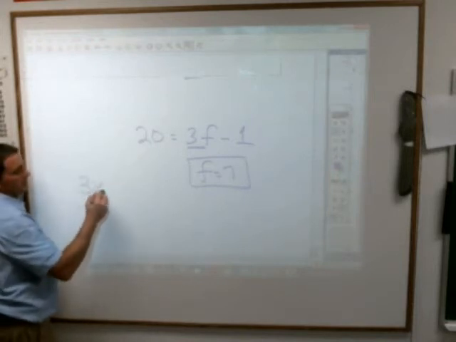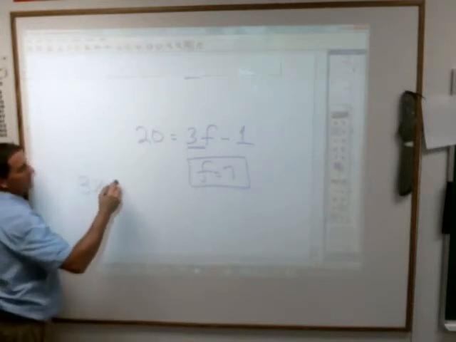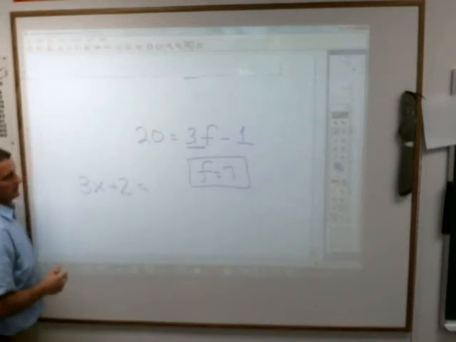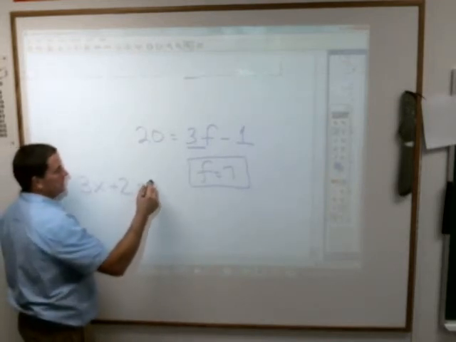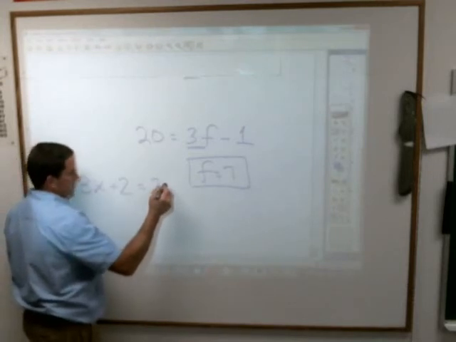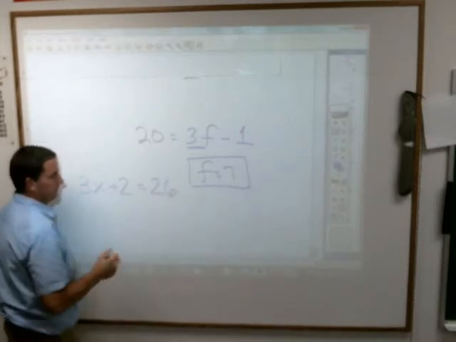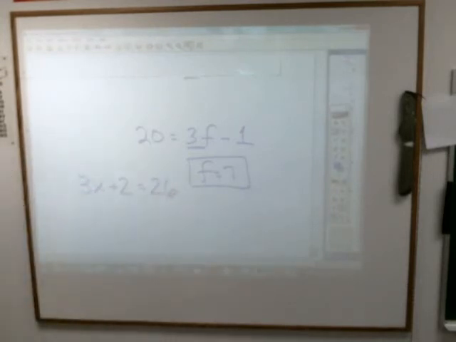How about this one? 3x plus 2 equals 26. 3 times what number, when you add 2 to it, gives you 26? Take it apart a little bit.